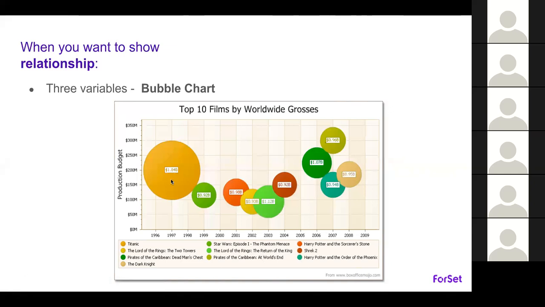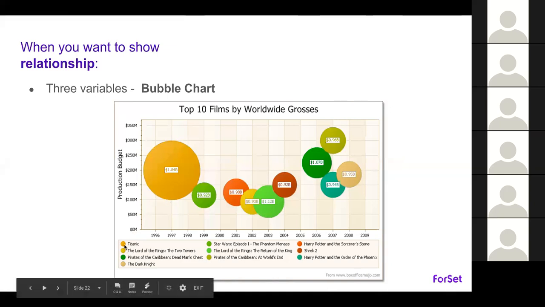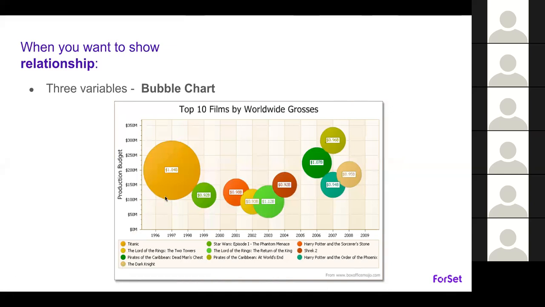Also, we have three variables in this chart. If you wanted to add a fourth variable, maybe the production studio or something like that, you could use color. You could color code each of those bubbles, use different colors for different studios, for example, and write the names of the films nearby, so you would not need to use the colors to show the names, but you would add an additional variable.